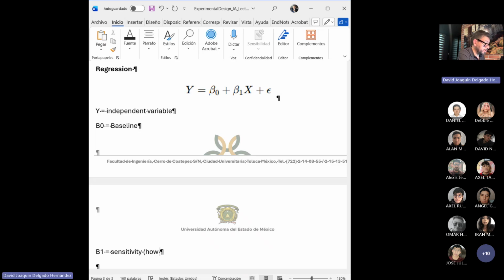So this means how much y changes with x.